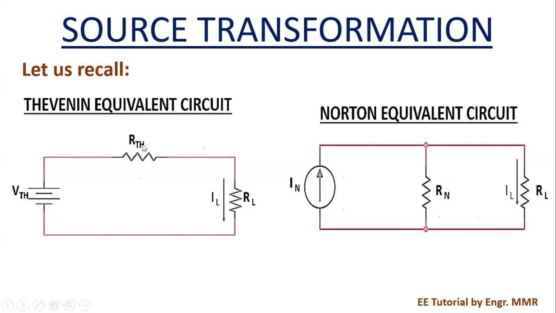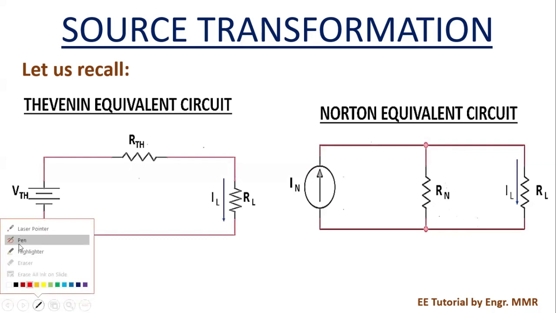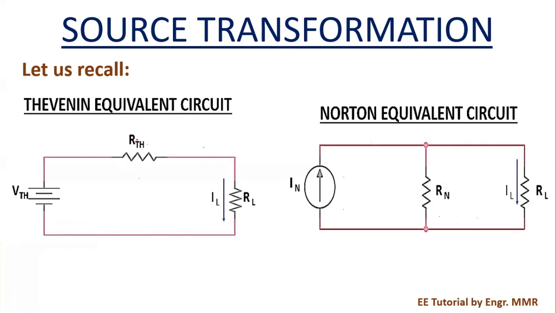That's why the RTH and RN are equal, and it is called the looking back resistance RO. So we can use the variable RO since RN and RTH are equal.